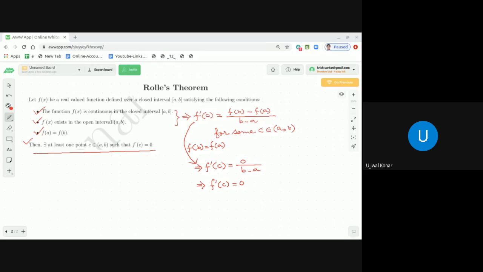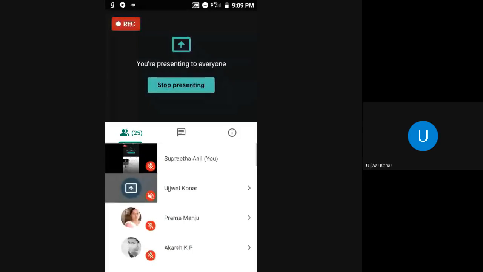The first thing, look into this particular graph, dear students. As you see, this is the function y equal to f(x).